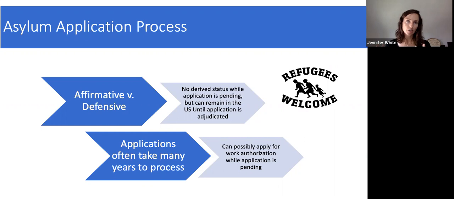So it's not that simple anymore. Not everyone is eligible to submit an application for work authorization while their asylum application is pending. That rule is actually subject to a lot of litigation that's pending right now. So depending on when you watch this, it's probably worth looking up the status of what's going on with that rule and the litigation.